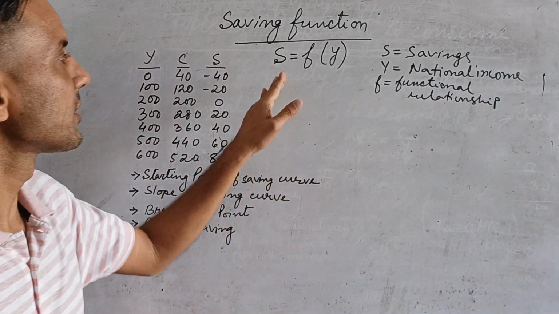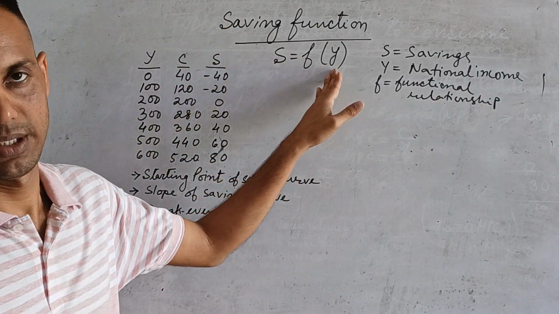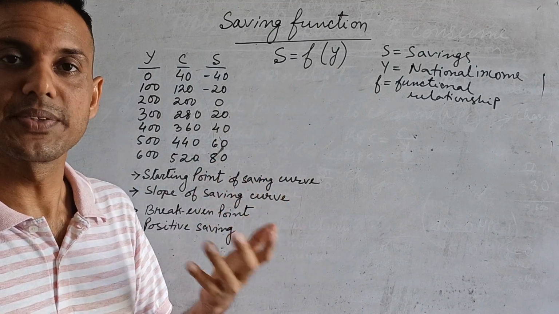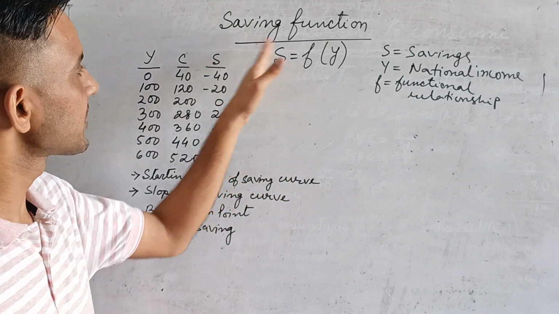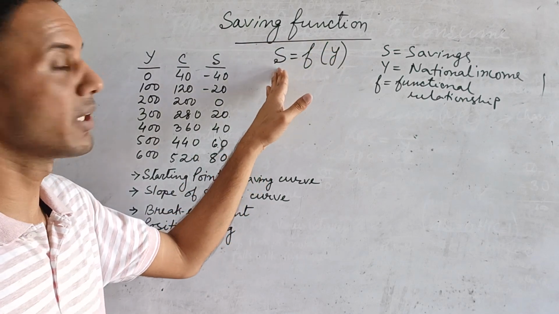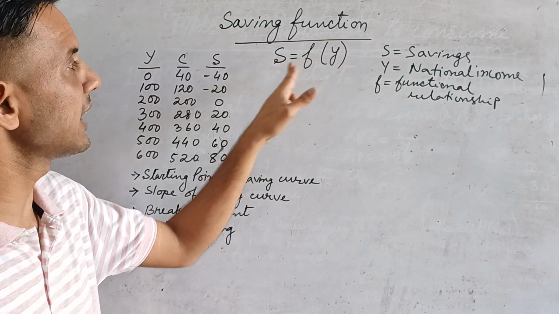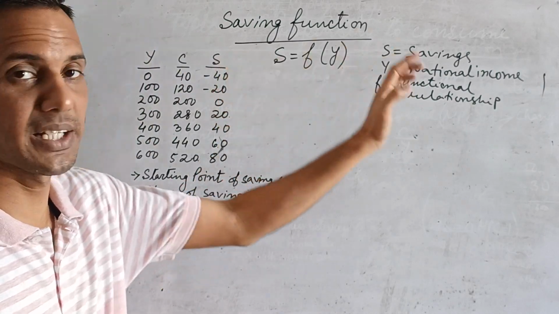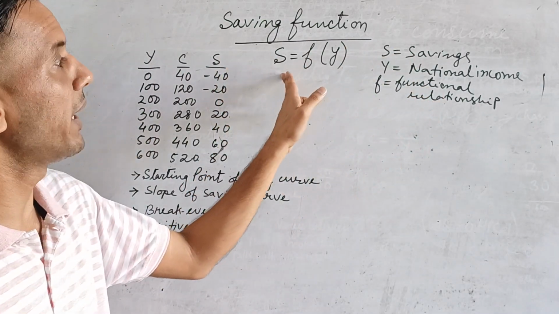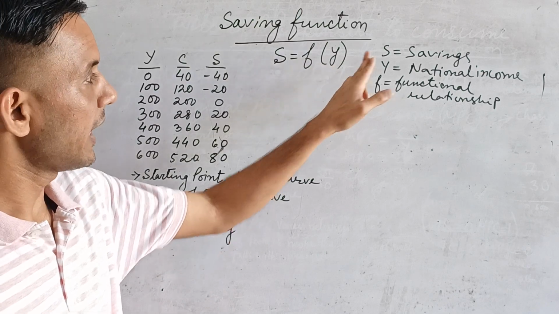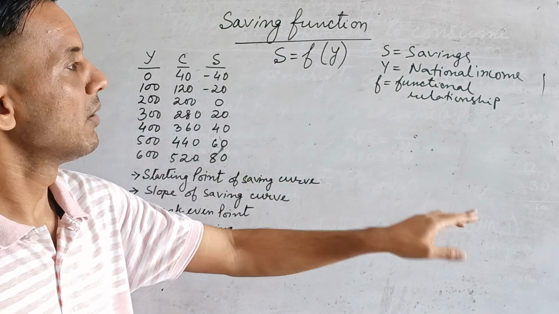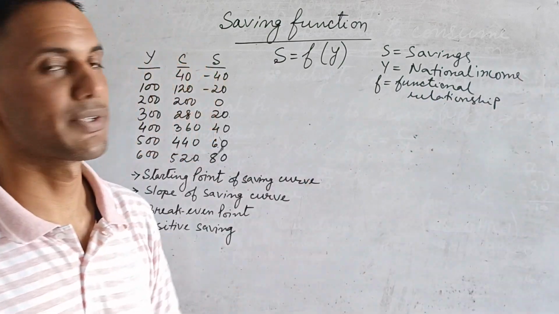Okay, so S depends on income; with more income, you can save more. So the saving function means what? The functional relationship between saving and income. Here you can see S on the left-hand side and Y on the right-hand side. So savings depends on income. S for savings, Y for national income, and F for functional relationship.